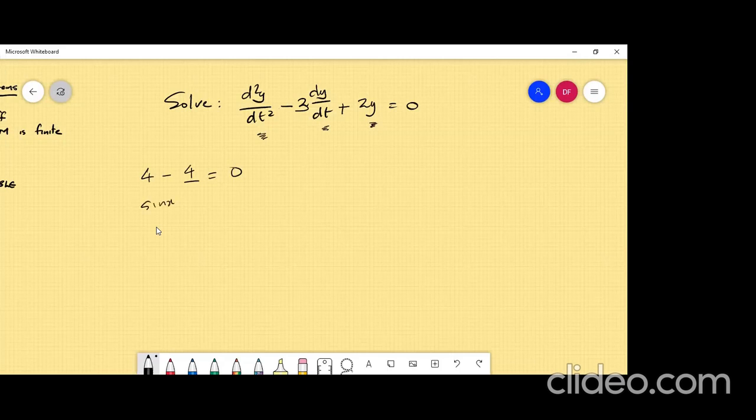Sine minus what equals 0? Again, not a trick question. Sine, sir. 2x minus what equals 0? Sir, 2x, sir.